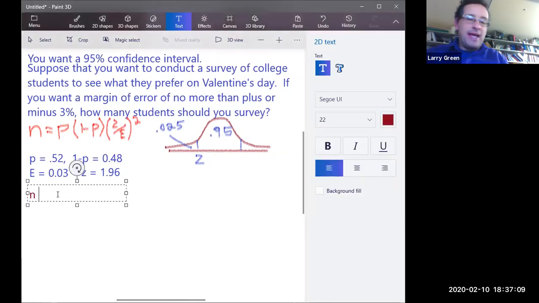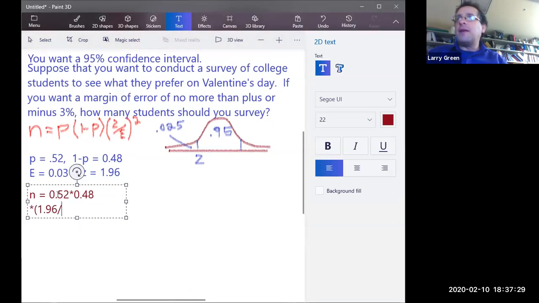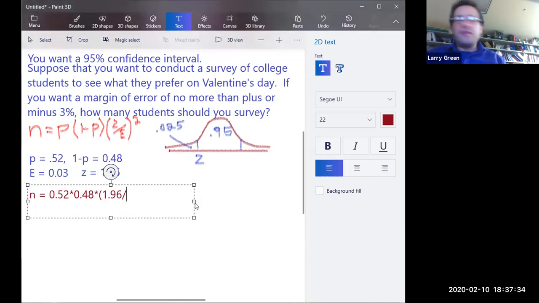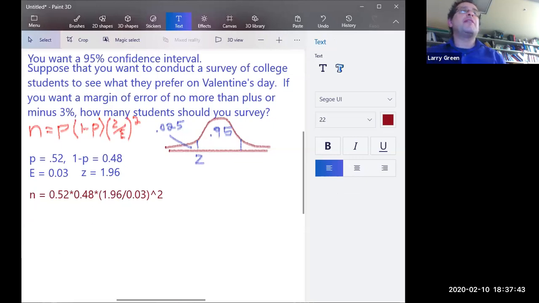We can say N is equal to P, which is 0.52, times 1 minus P, which is 0.48, times Z, which is 1.96, divided by E, and E was 0.03. And then I'm going to square it. Any questions on that?